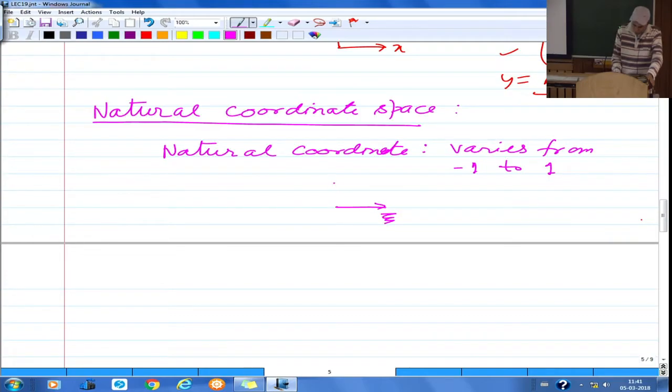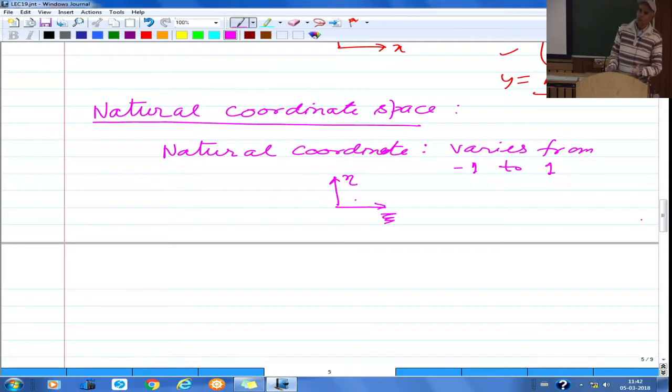So let us say I have xi and eta. One, instead of x, I am using a coordinate xi. You can use r and s or whatever you want. Because two-dimensional space means I will have to use 2 coordinates. So another is eta, they are orthogonal to each other, but they vary from -1 to +1.